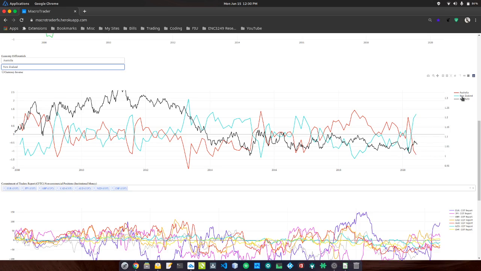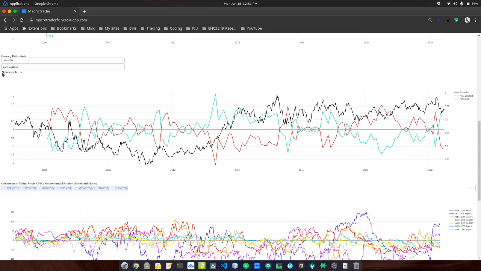So let's hide this. They're actually telling you the same thing. They're a mirror. This and this are just inverses. It just depends on which your focus is. So if we're focusing on Australian dollar, New Zealand dollar, you can invert that currency if you want to think of it in terms of New Zealand dollar.